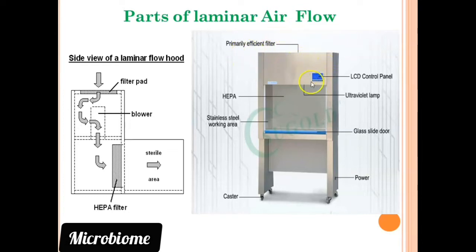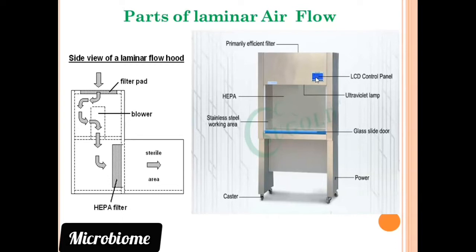Then second, there is an LCD control panel. On this LCD control panel there are various buttons: an on or off button for the UV light lamp, and a button to pass the air.